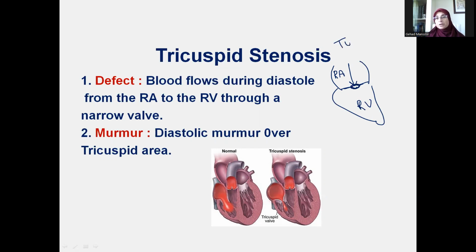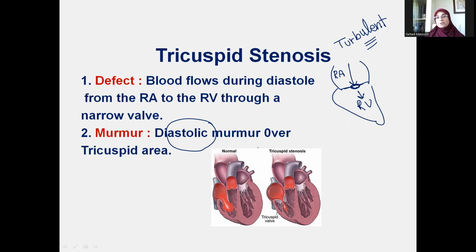So you will have turbulent blood flow because of the narrow orifice, and therefore you will hear a murmur, and that murmur will occur during filling of the right ventricle by the blood that comes from the right atrium. So again, it would be a diastolic murmur. So what's the difference between the murmur of tricuspid stenosis and that of mitral stenosis?